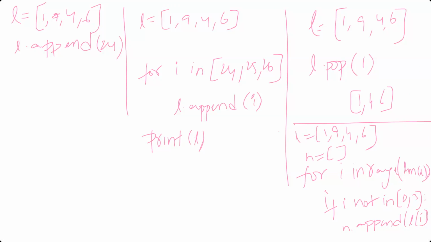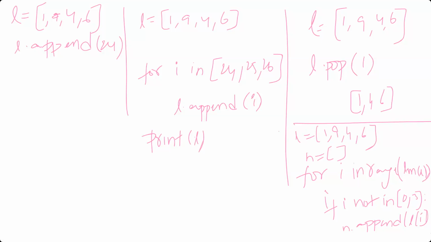First i value will be considered as 0. 0, it is not going to append. 1, L of 1, 9 will be appended, followed by 4 will be appended. So literally I am removing the 1 and 6. It is removed. Is the point clear, guys?